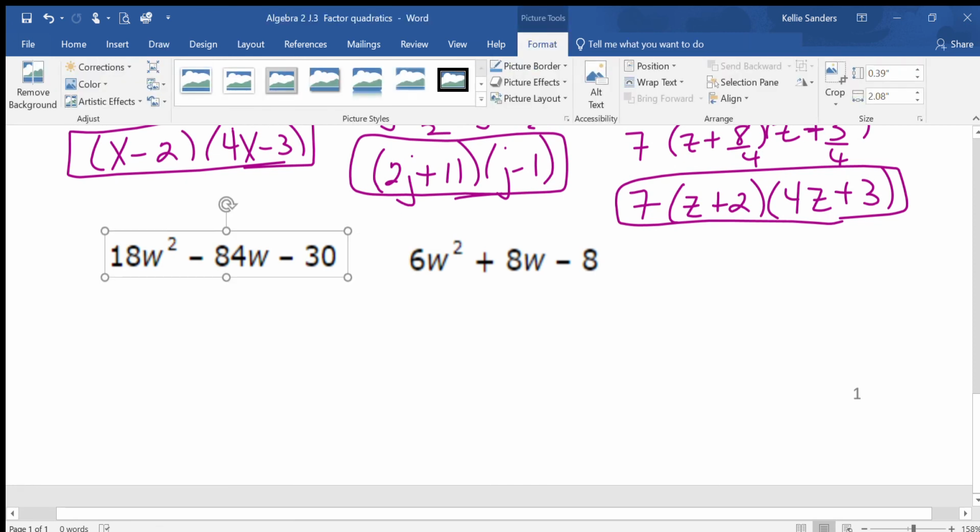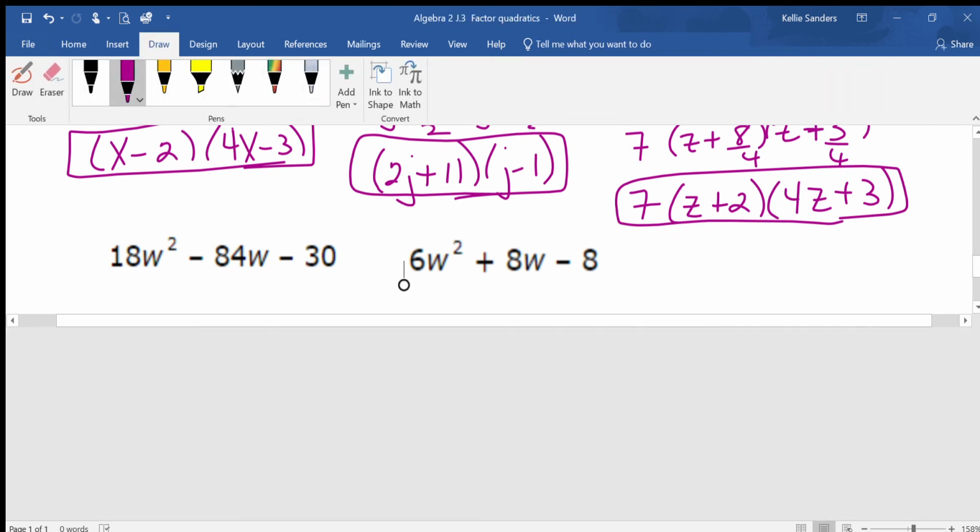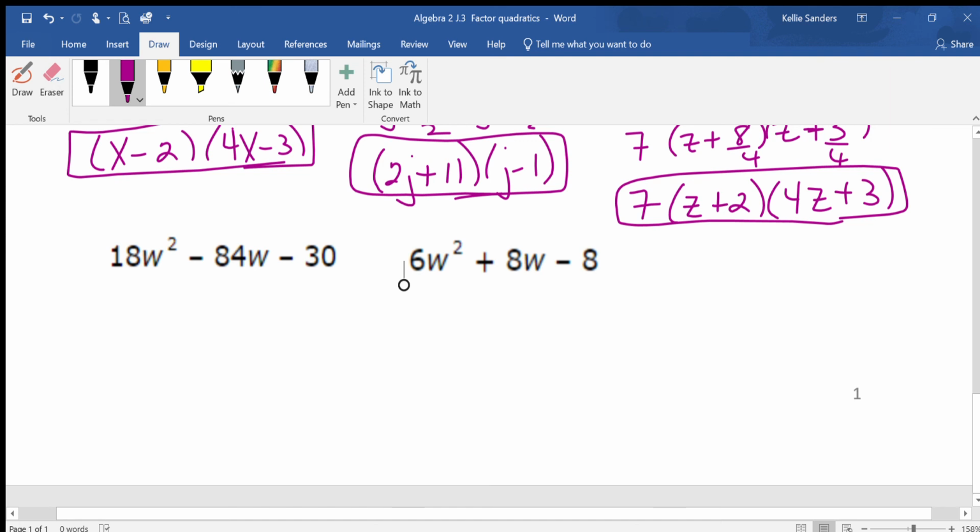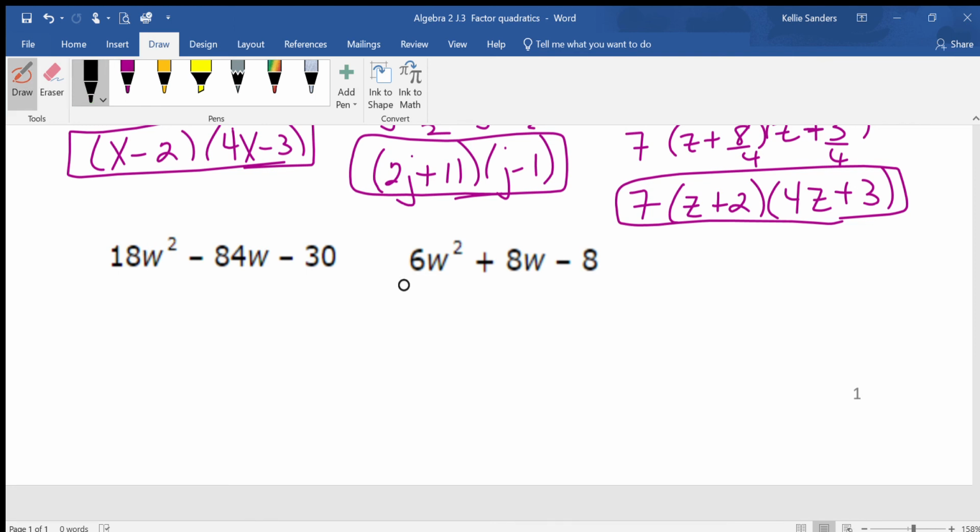Okay. Now sometimes I get myself to thinking, okay, so 18. Make sure that I'm going to get this right. So I'm going to list just real quickly the factors of 18.